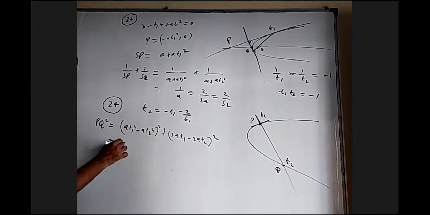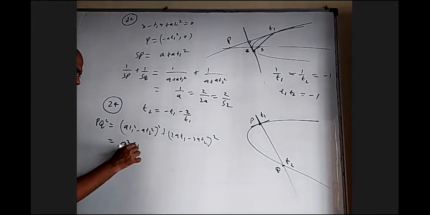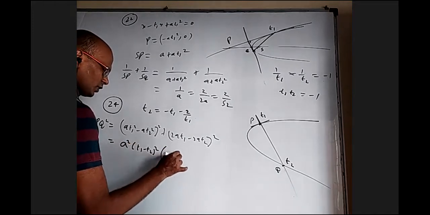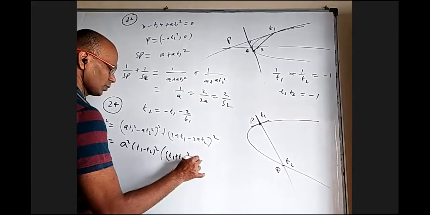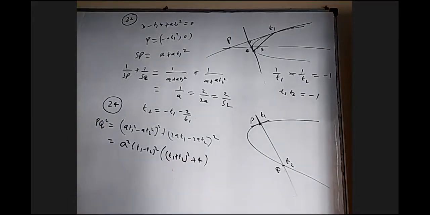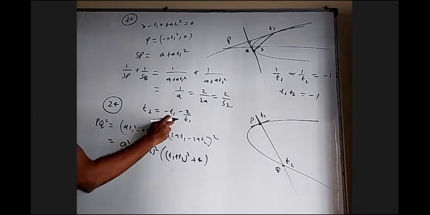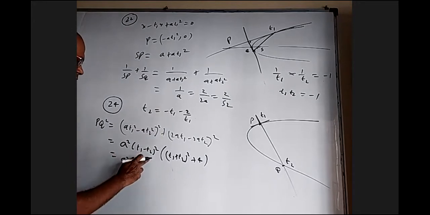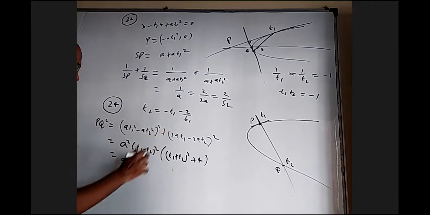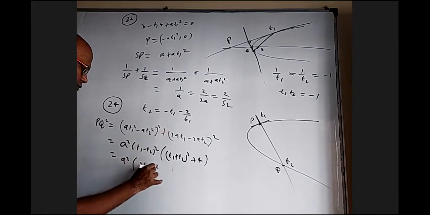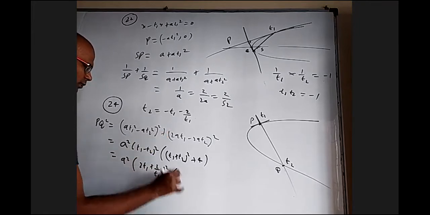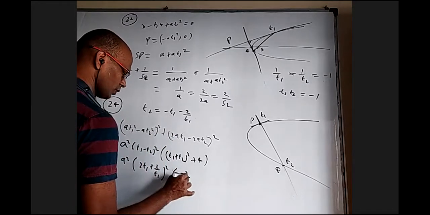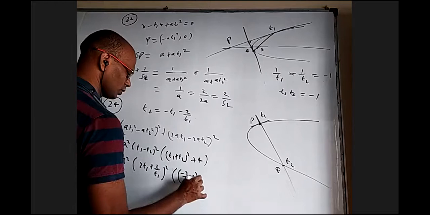I can take a² (T1 minus T2) whole squared common, and I'll be left with (T1 plus T2) whole squared plus 4. Wherever T2 is there, I can substitute this. So T1 plus T2 is minus 2 by T1, and this becomes (2 by T1) whole squared plus 4.